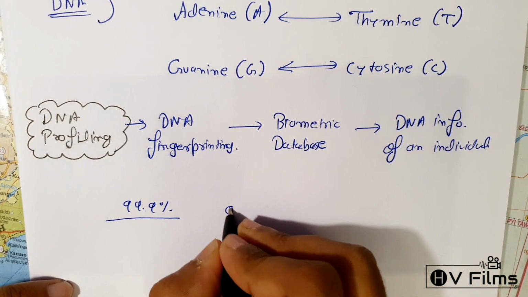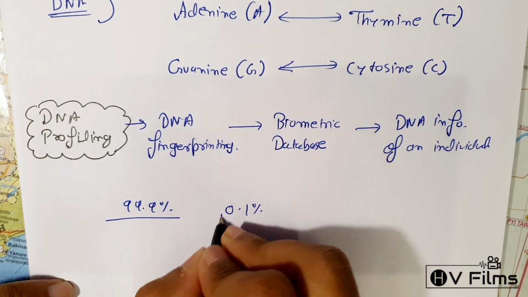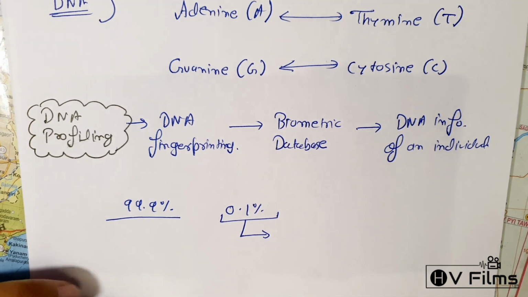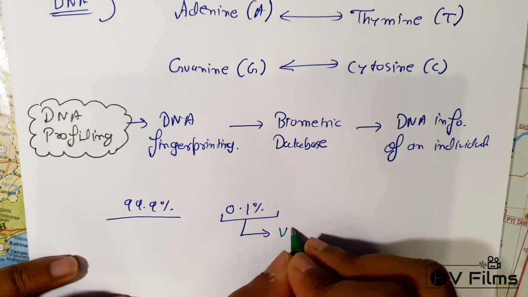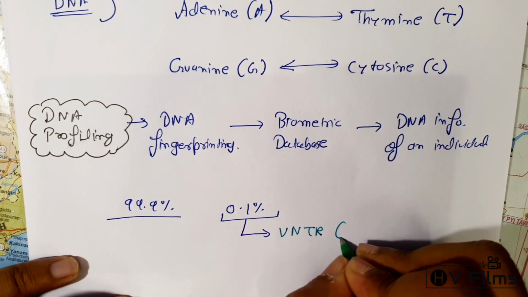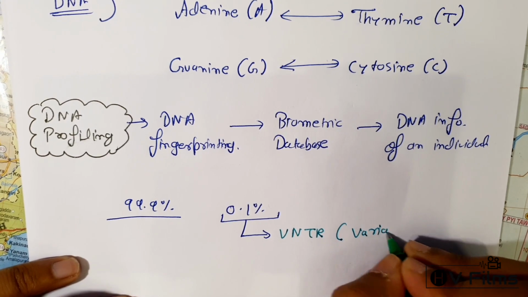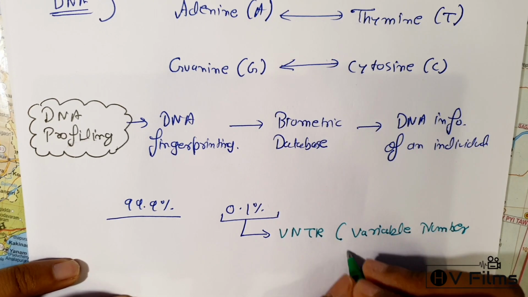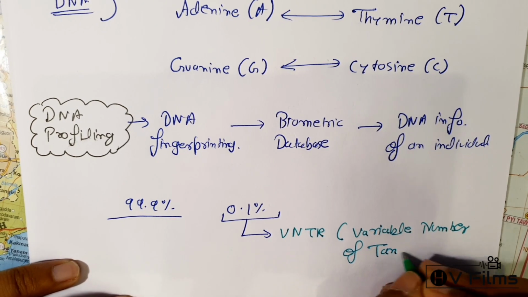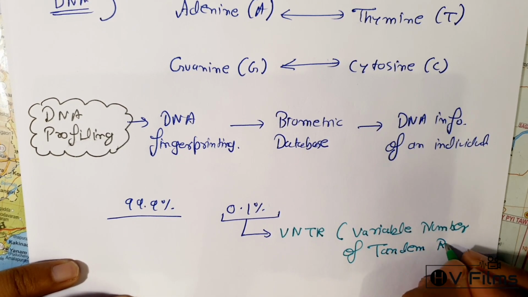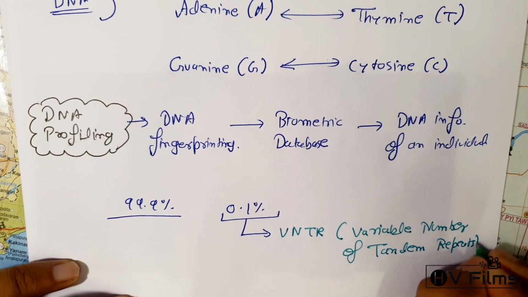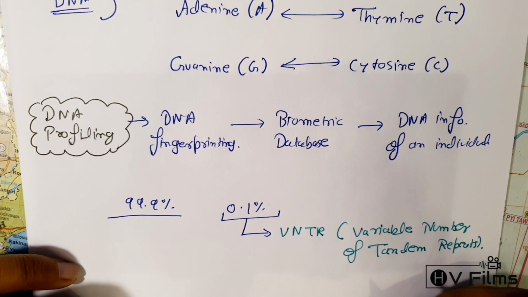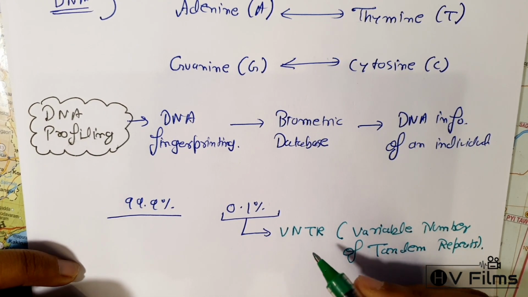There is only 0.1% variation, and this 0.1% which differs is what we call VNTR, that is the variable number of tandem repeats. Now these are unique to the individual's DNA, and this constitutes the DNA profile of that individual.